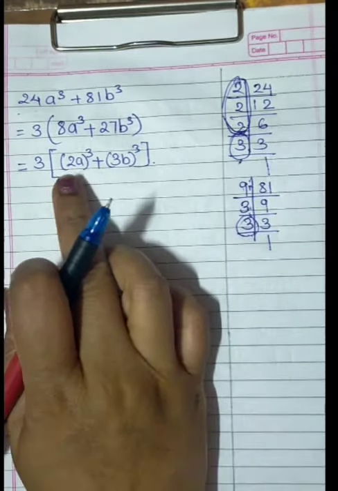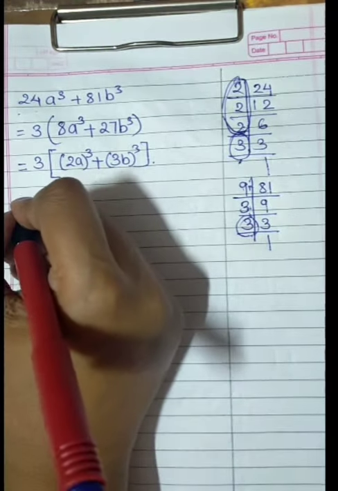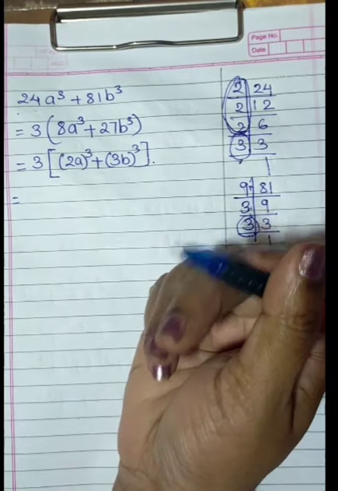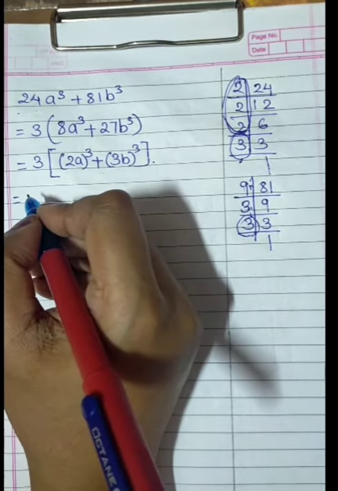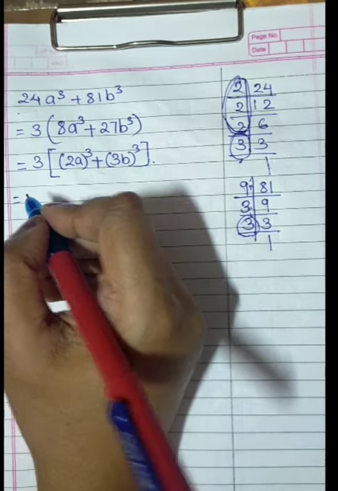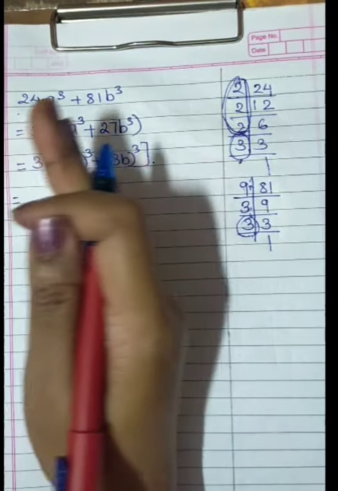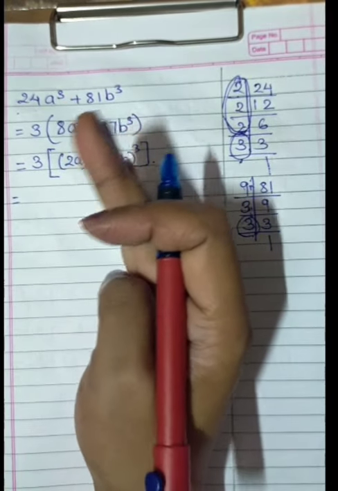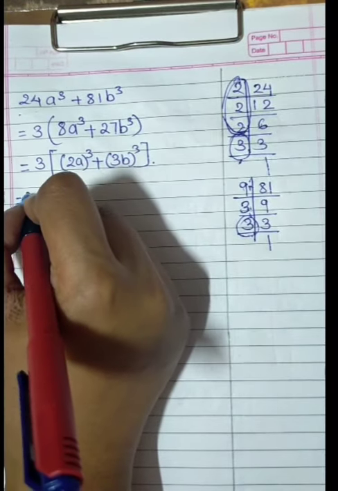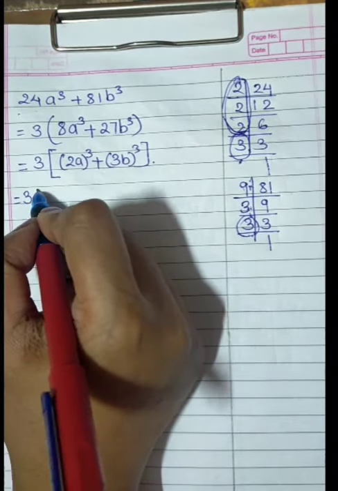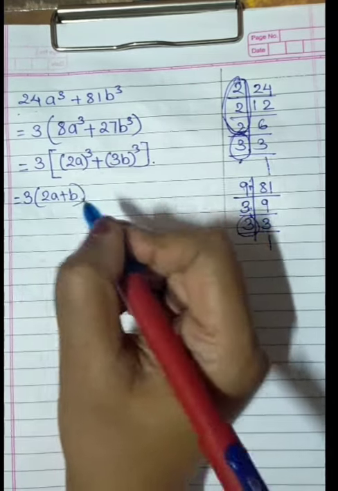Okay, now this we have to solve with the help of formula, that is a cube plus b cube equal to a plus b, then a square minus ab plus b square, that is the formula. I am writing here 3. Now we will take 2a plus 3b.